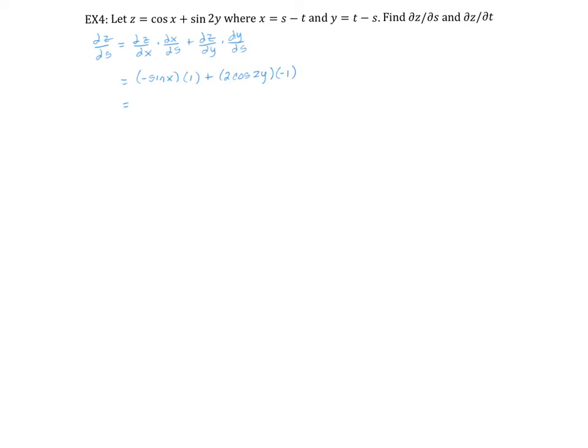The problem is I have an x and a y that I need to substitute for. So I don't really need this 1 here. It's not going to change my product. This would be a negative sine of x, but x is equal to s minus t. And then this is times a negative 1, so this is going to be a minus 2 cosine of 2 times y, where y is t minus s.